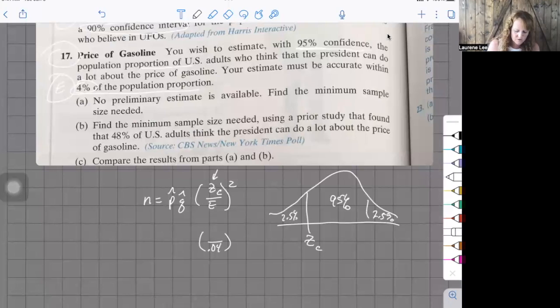So I'm going to go do my inverse norm if I'm on TI, or I'm going to do normal distribution dot CDF if I'm on Class Calc, and I'm entering the value 0.025, my mean is 0, my standard deviation is 1.